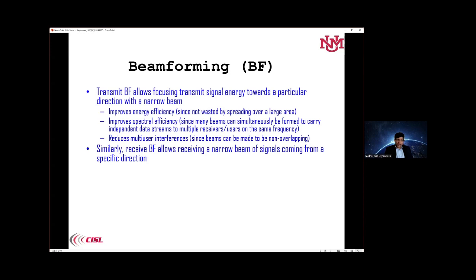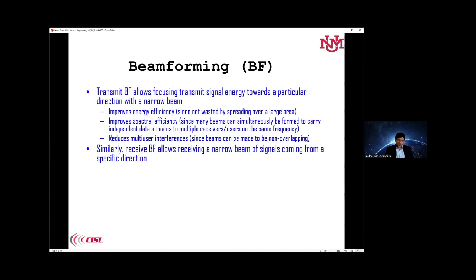Essentially, rather than transmitting in all directions, as in an omnidirectional antenna, here you will form a narrow beam of transmission energy, where the energy is concentrated in a specific spread, and then you can steer that beam in different directions as you want, so that you can point or aim it at a particular receiver.